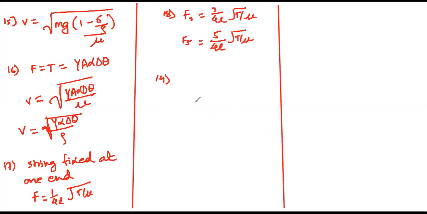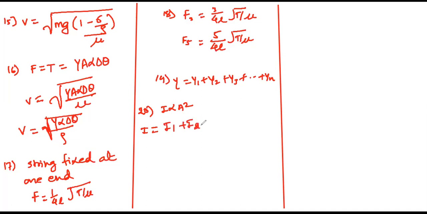Principle of superposition. y is equal to y1 plus y2 plus y3 plus so on plus yn. Next, 20th formula. I is proportional to amplitude square. So here you are having I is equal to I1 plus I2 plus 2 root I1 I2 cos φ.